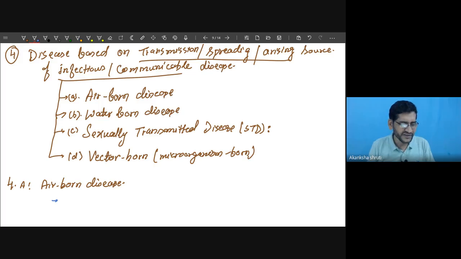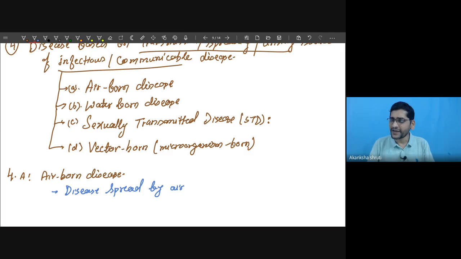Okay, so, right, disease is spread by air or through the air. How? Because the droplets from the patient float in the air and goes to the healthy person.